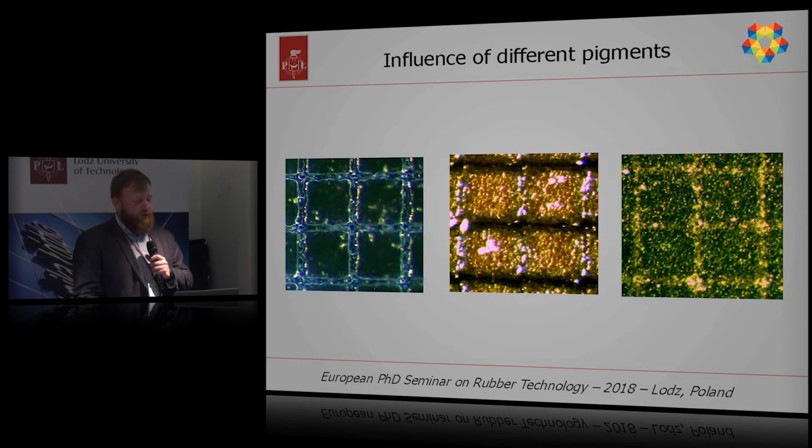And when we have 3 samples made in the same conditions with different pigments, we can see the difference between black, brown, and green samples, because on the first and second we can see patterning, and on the green one we see something happened on the surface, but it's not normal patterning.